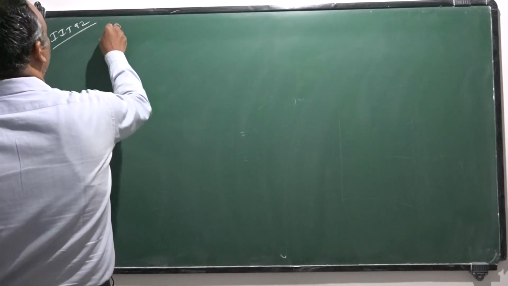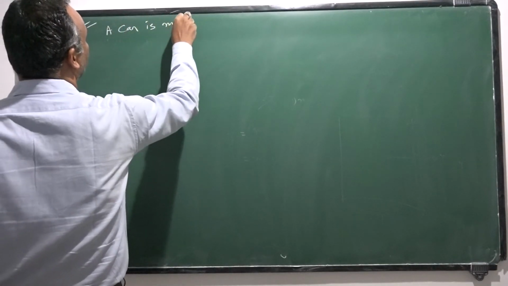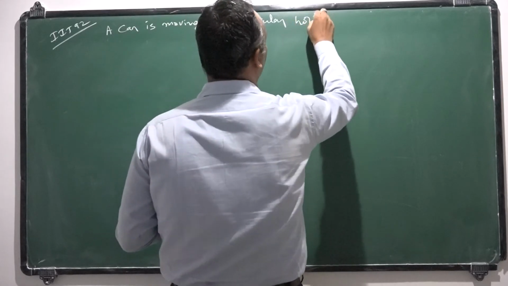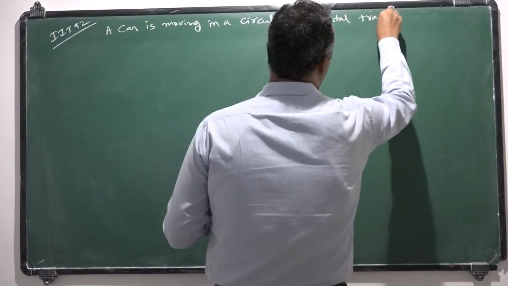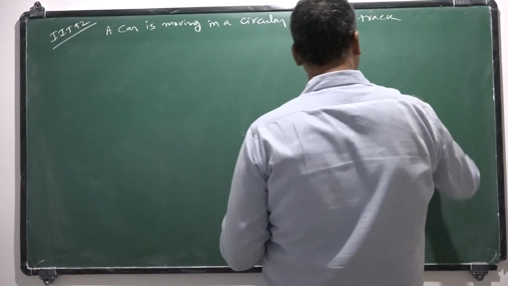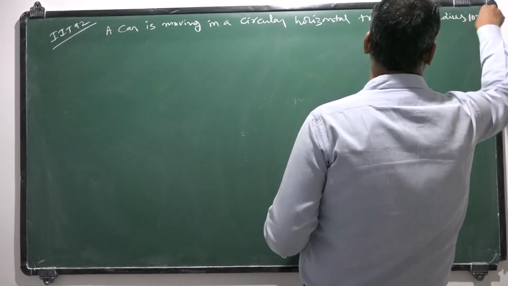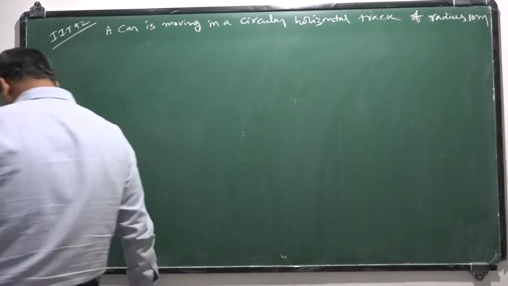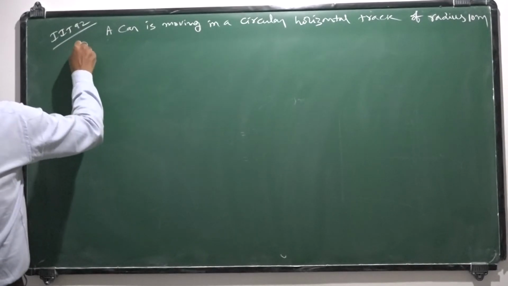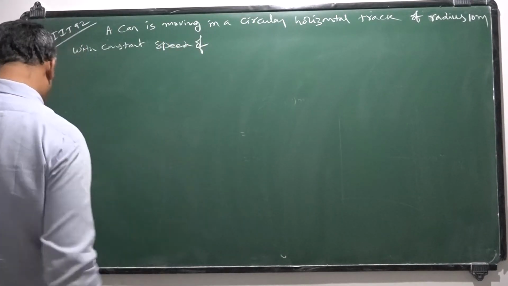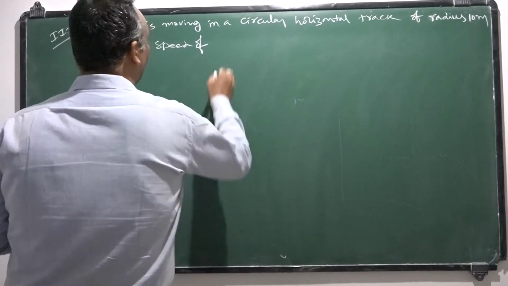The question says, a car is moving in a circular horizontal track of radius 10 meters with a constant speed of 10 meters per second.